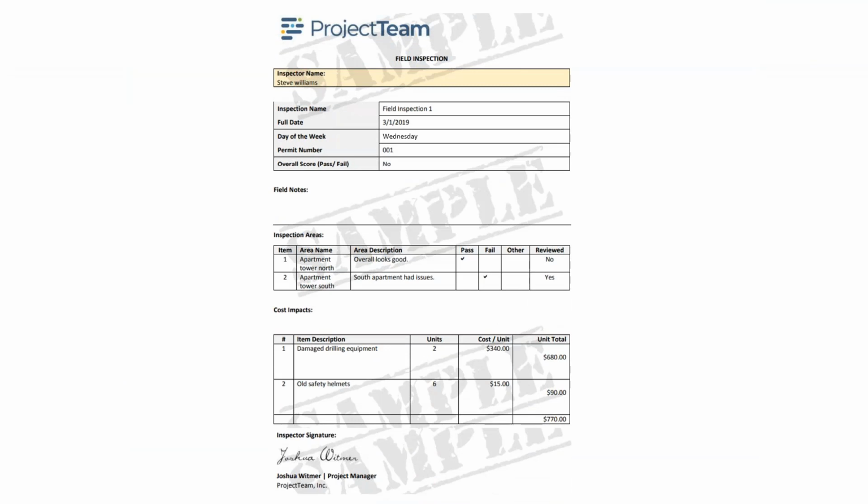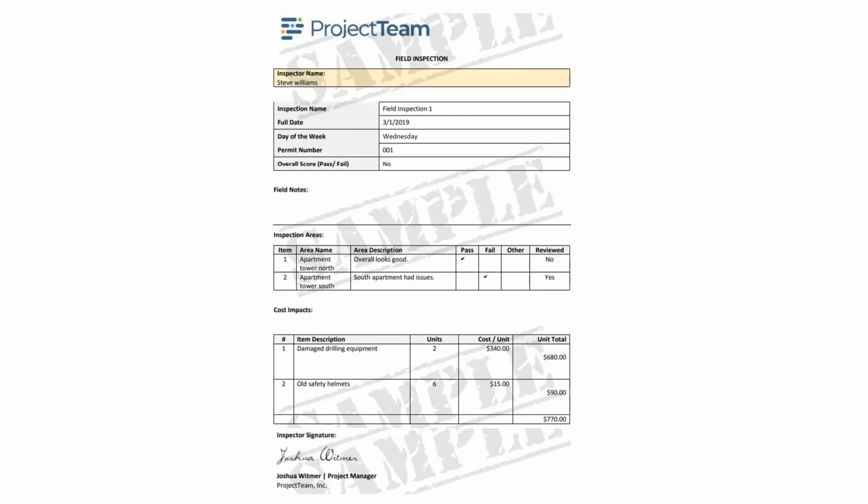So what is a merge template? We have reports in ProjectTeam, and about a month ago, I did a deep dive into reports and going through the report editor within the system. In addition to the reporting, there's also a way to create different kinds of outputs, and these are used more on a single document or record by record basis.